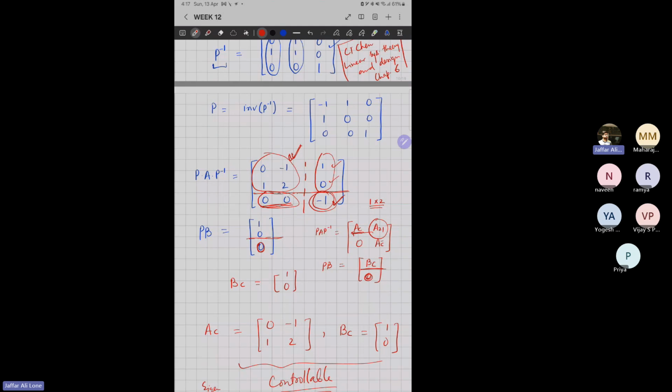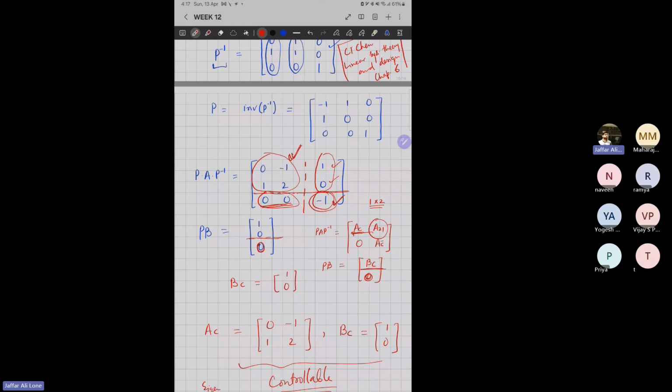If the system is not controllable, take the first two columns of your controllability matrix and make a matrix T. The first two columns of T should be the first two columns of the controllability matrix, and then take the third column of T as 001 or anything like 010, as long as the matrix T is invertible and the columns in T are linearly independent.